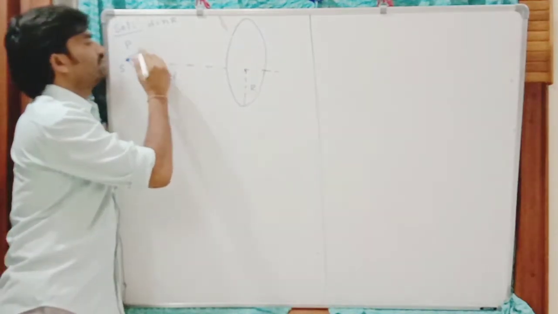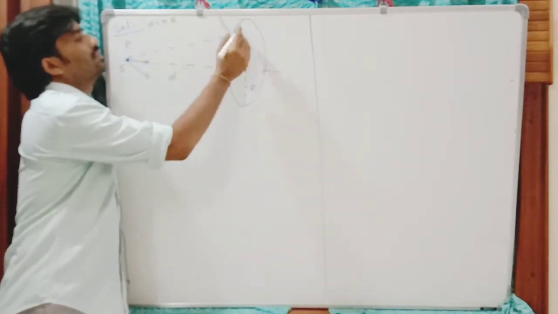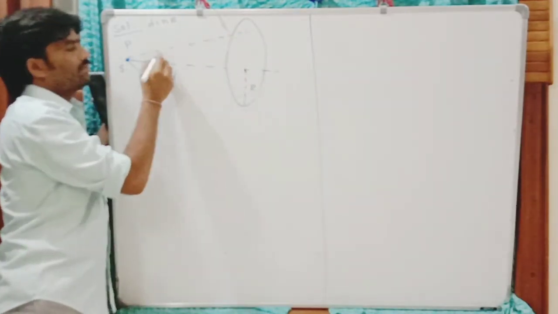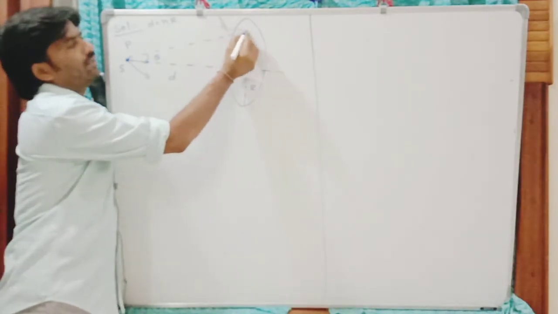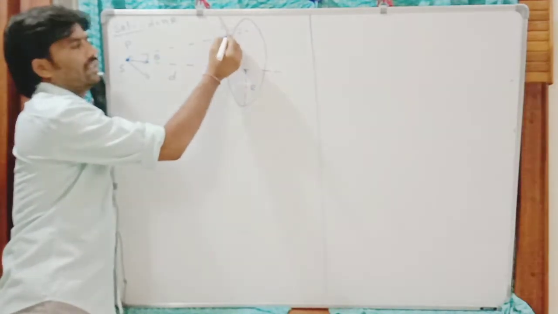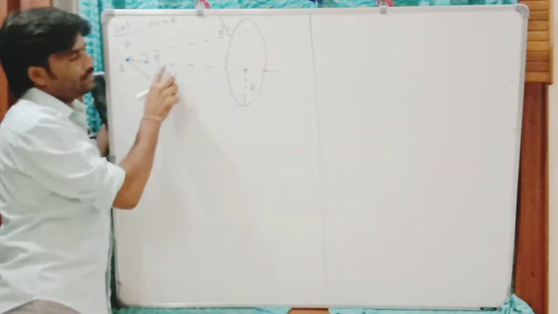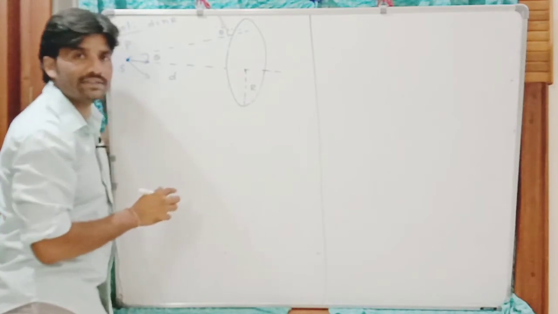Now this is one of the photons striking this surface like this. If the angle made by the direction of the photon with this axis is theta, here with the normal to this disk, it makes the same angle. Now different photons will hit this surface of the disk with different angles.